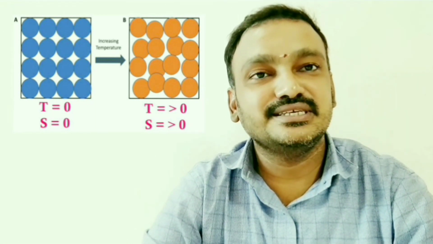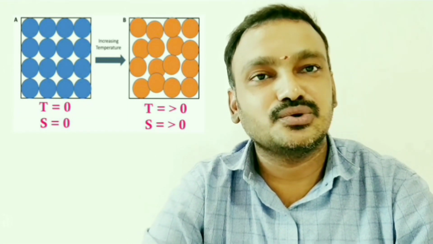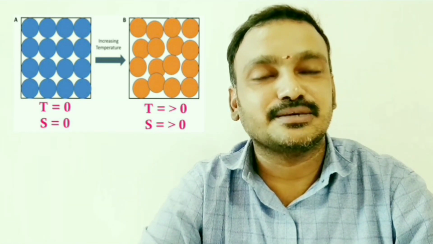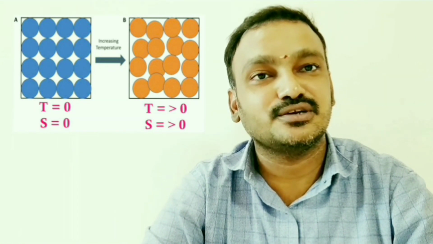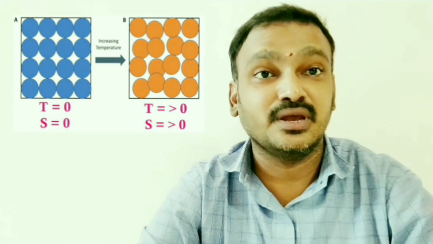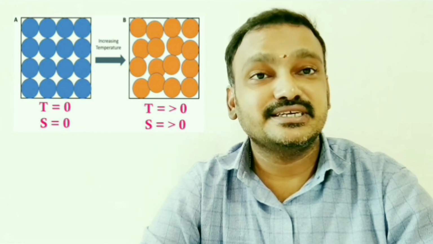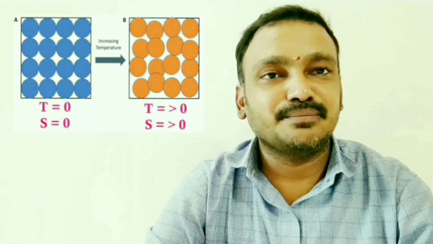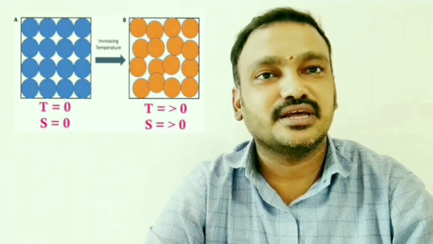Suppose we increase the temperature from 0 degrees centigrade to a higher degree, the molecules undergo some kind of motion, either vibration, rotation or translation. So if we increase the temperature, the degree of randomness increases, which means if the temperature is greater than 0, the entropy is always greater than 0.